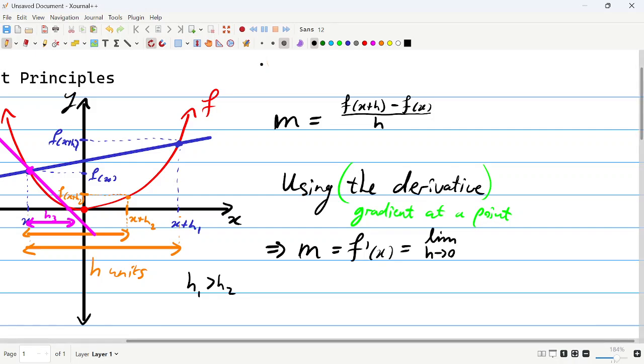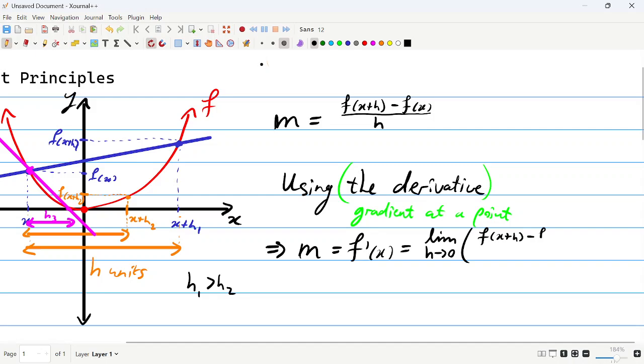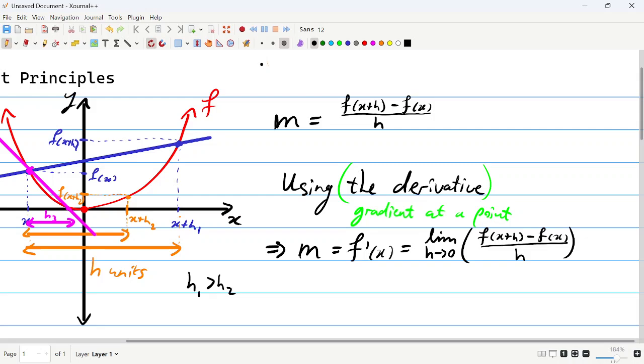Remember, our h was decreasing over time all the way to as close to 0 as possible, of the function f of x plus h minus f of x divided by h. So this is the definition of the derivative. It is just the gradient at a point. So it's the gradient at some point over here.